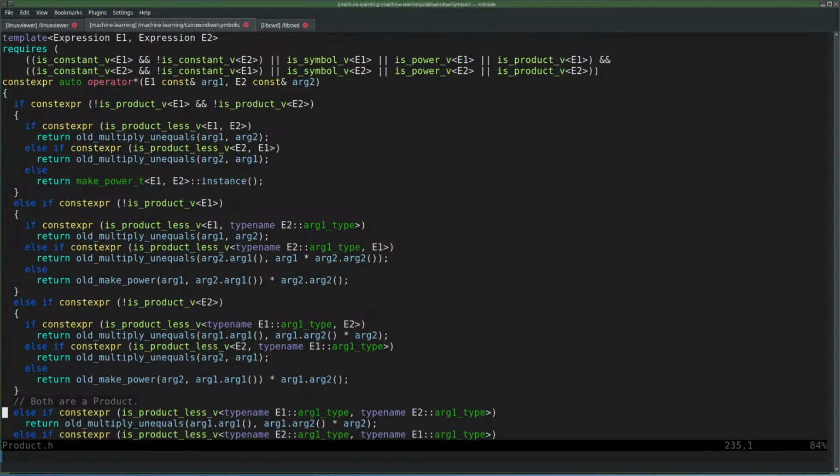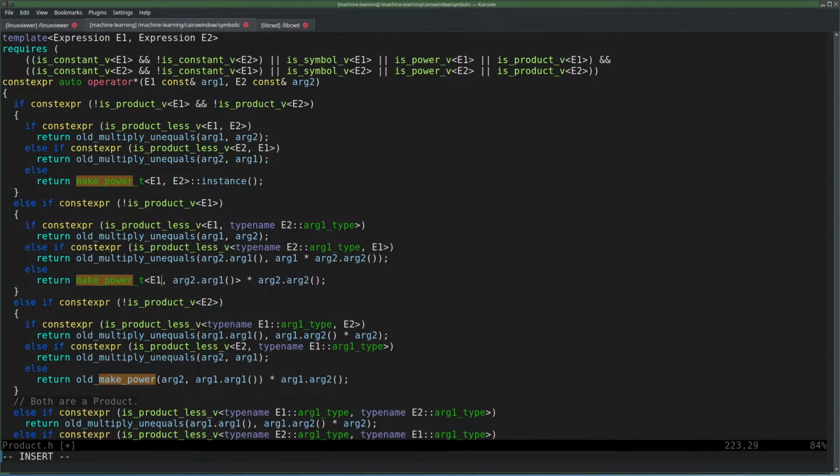Now, likewise, I might be able to do all the other make powers. So this then becomes make power T, and then we pass these as template parameters, where of course I just need the type of these things instead of the arguments.